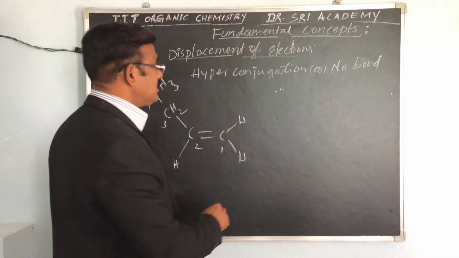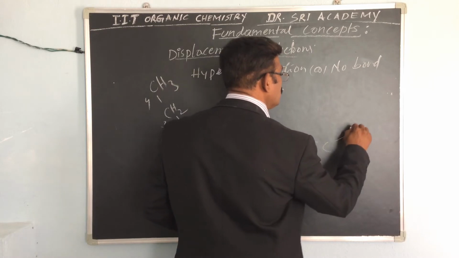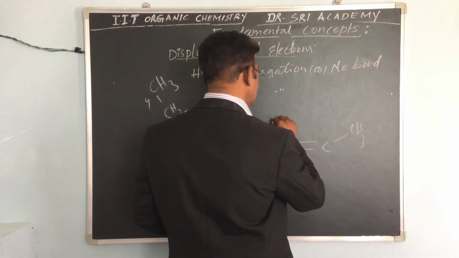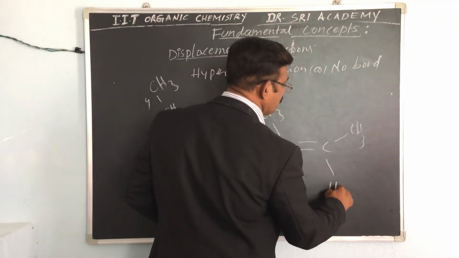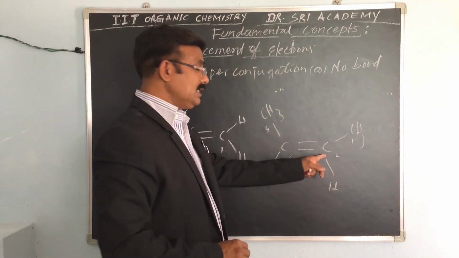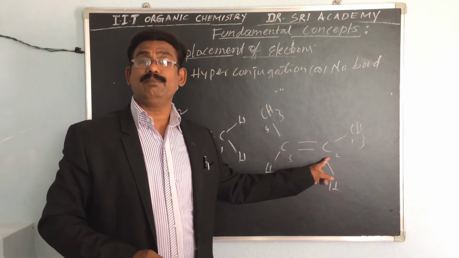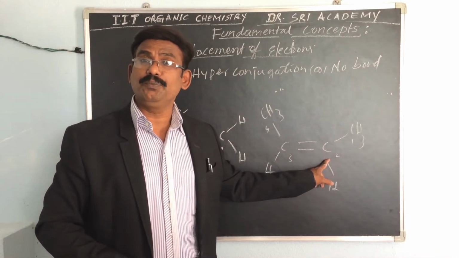In the case of 2-butene, that is CH3, CH double bond CH, CH3. So this is 2-butene. 1, 2, 3, 4. The number 2 carbon is having the double bond, so we can say 2-butene.